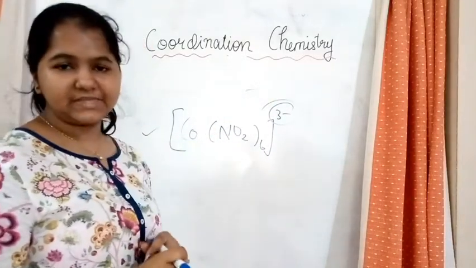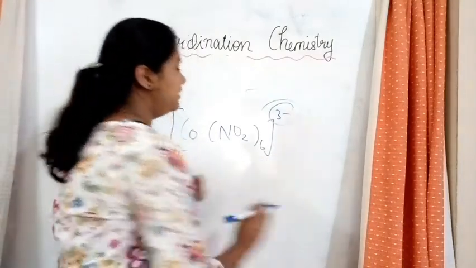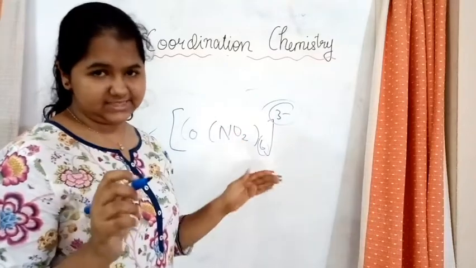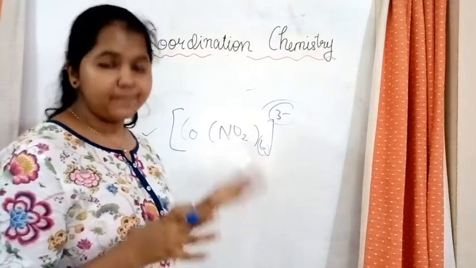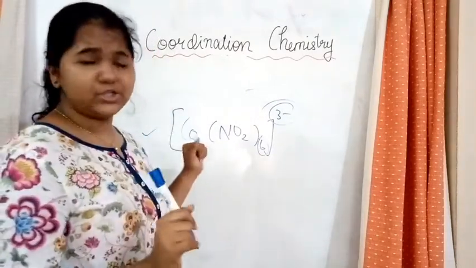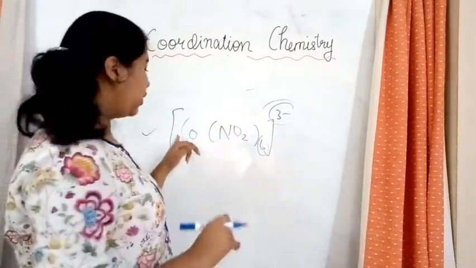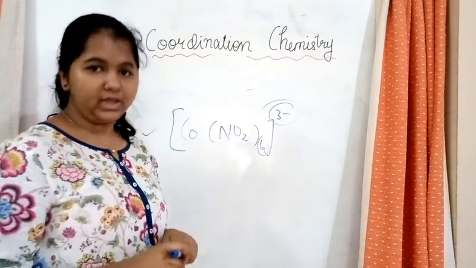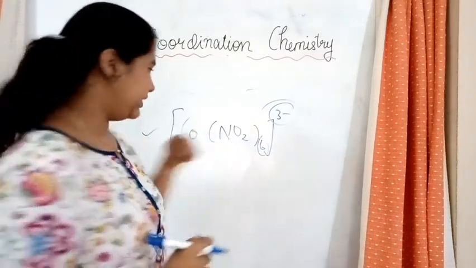So how do you name this? Let's see. We have 6 NO2. So nitrito is 6. So how do you write nitrito to be 6? We'll write that. Let's see. So over here also this is a negative entity. So what would you write for Co? You will write it as cobaltate. Okay. Cobaltate. So let's write it.